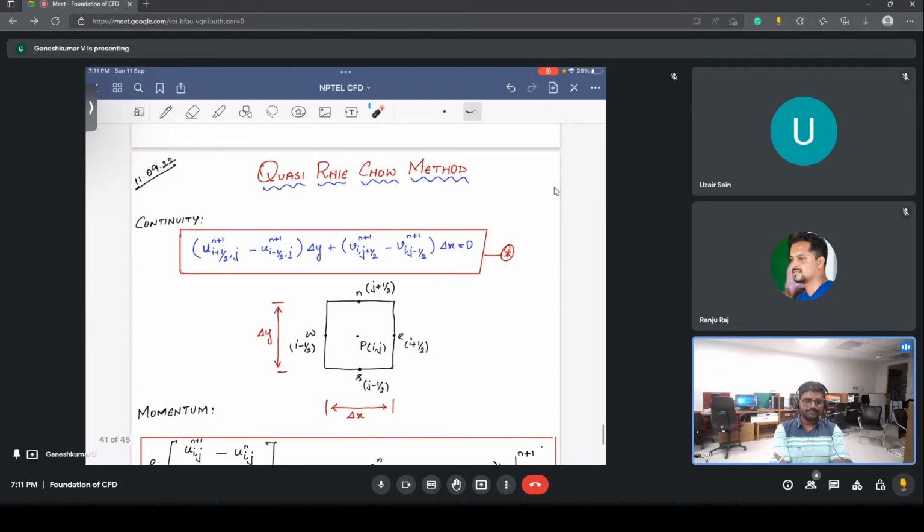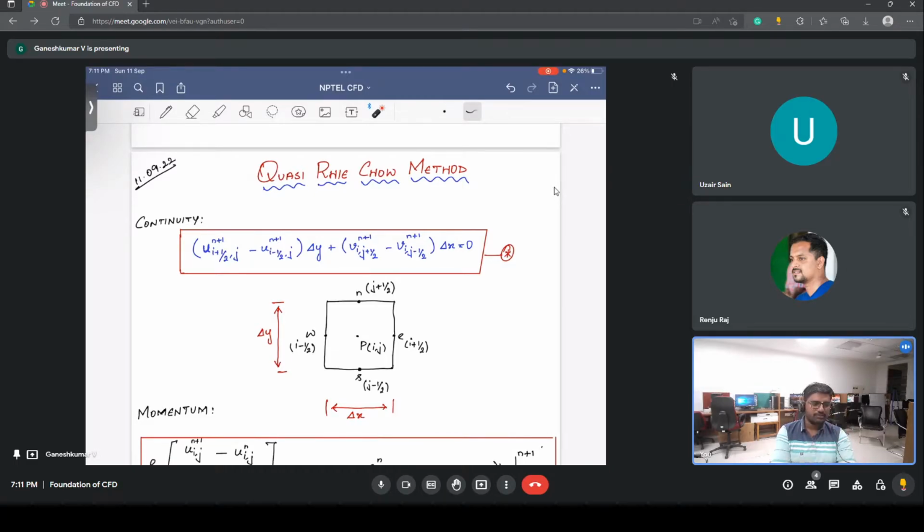All those techniques are for staggered grids, and some techniques are there for collocated grids also. But you well know that collocated grids have pressure velocity splitting. There are a few methods which overcome this problem. In collocated grids, we store the property values at the cell center, and the algorithm is very easy to implement.